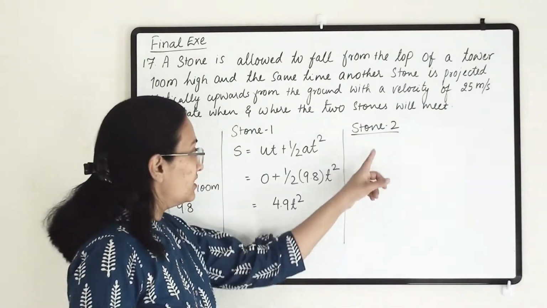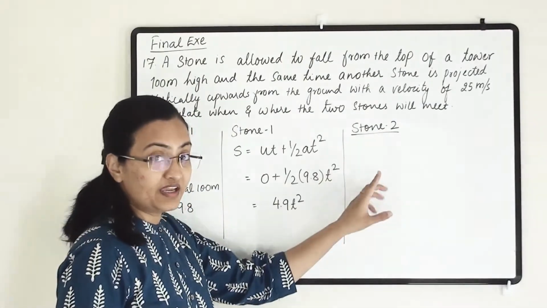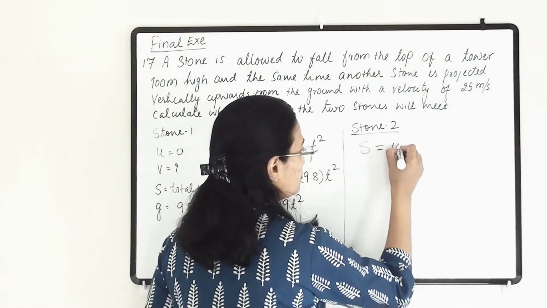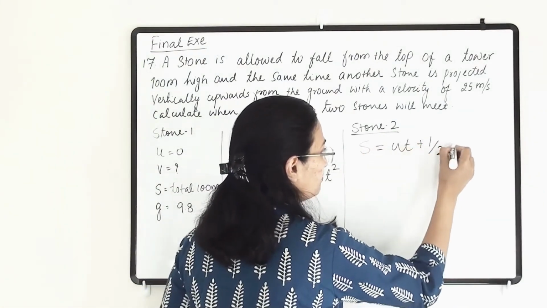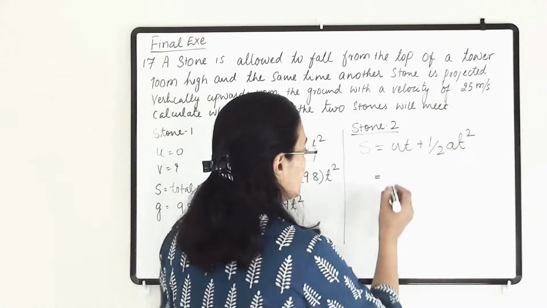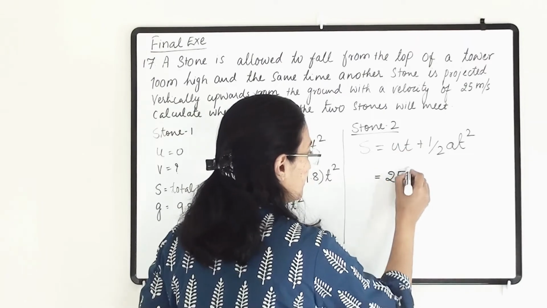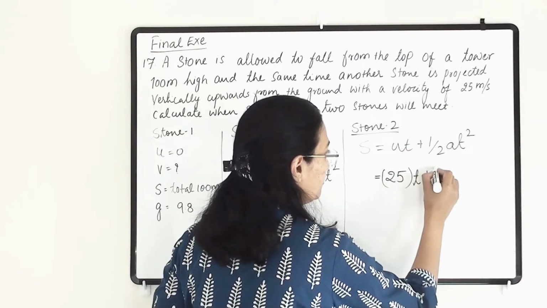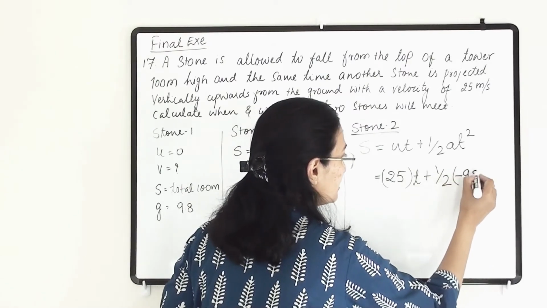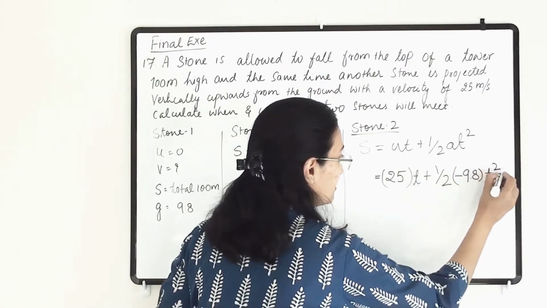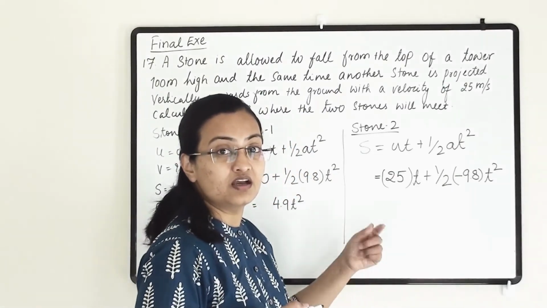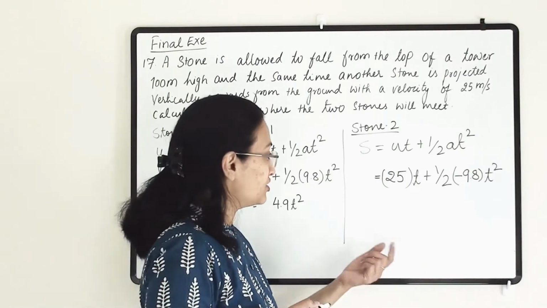So similarly, as explained, the distance for stone 2 is S equals ut plus 1/2 at square. Here they have given 25 meter per second. So 25 into t plus 1/2, and this is going to be minus 9.8 t square because this is in the opposite direction, as explained, and it is against the acceleration due to gravity.